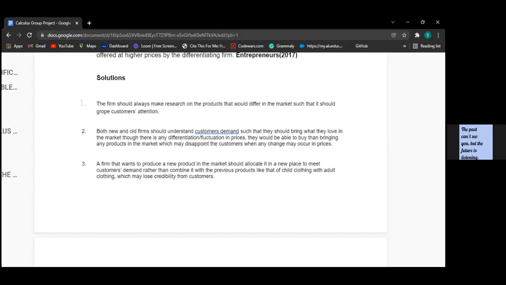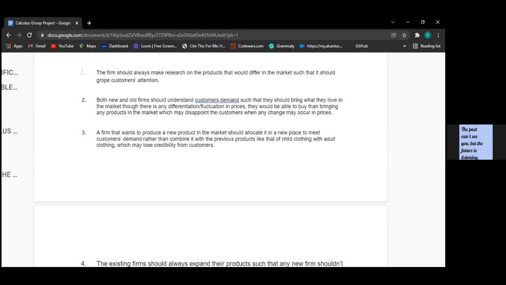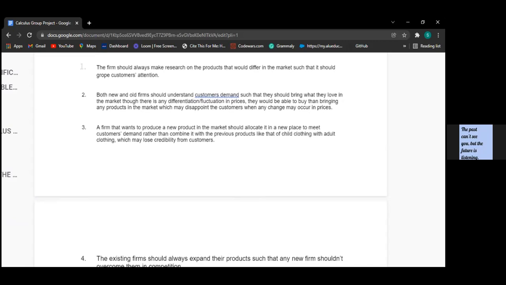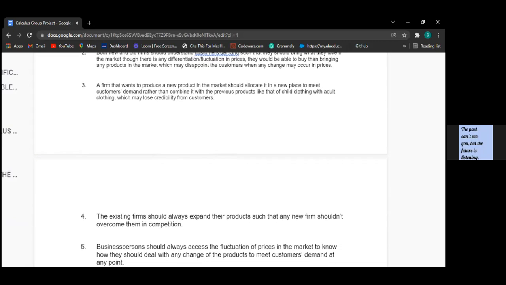Then producers should also not bring different products in the same place, but they should allocate them in different places, so that customers should not realize that this person is producing the same products.